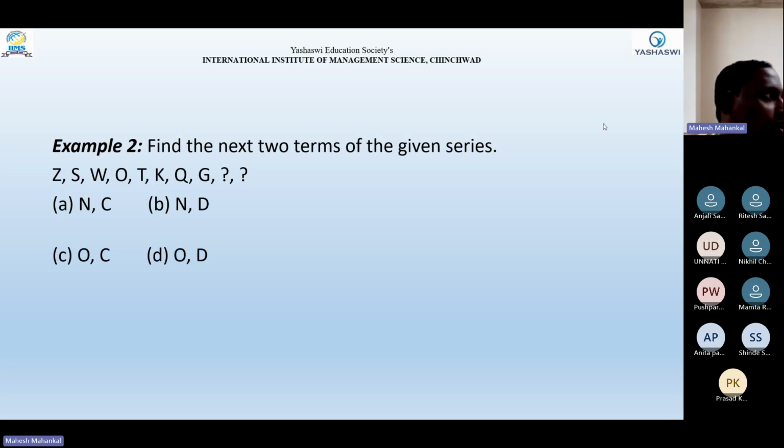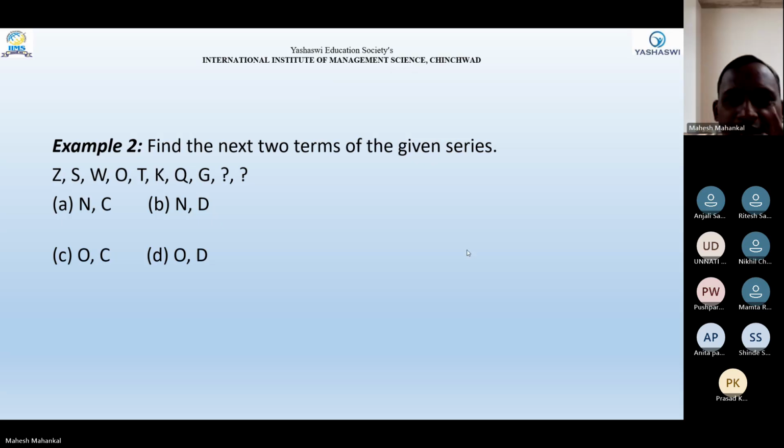My screen is visible to all students. Yes, my screen is visible. Students, give the response. So your screen is visible. Okay, fine. Tell me the correct answer. What comes at the place of the question mark?